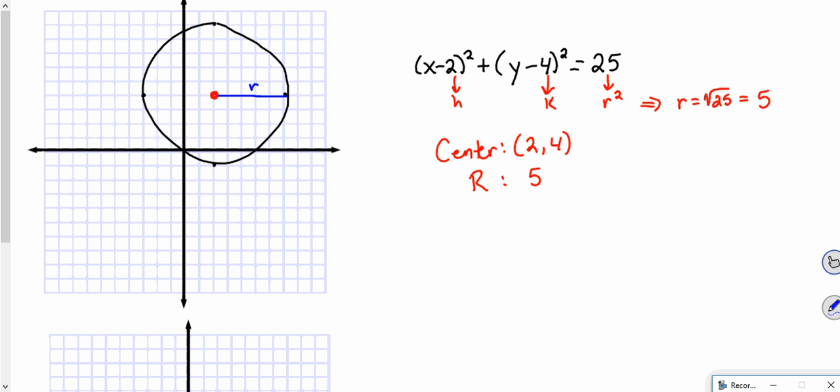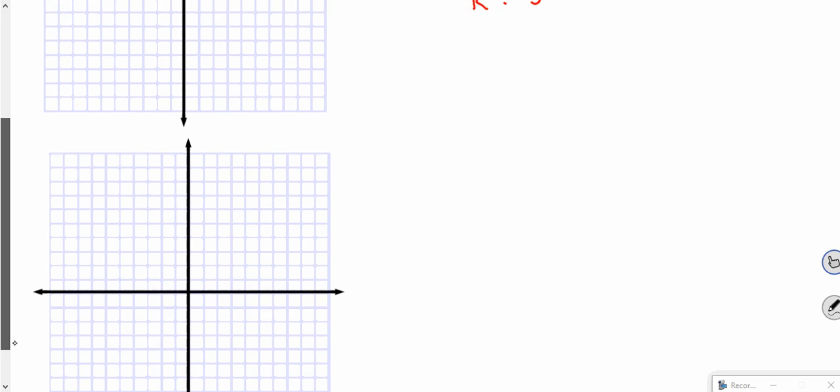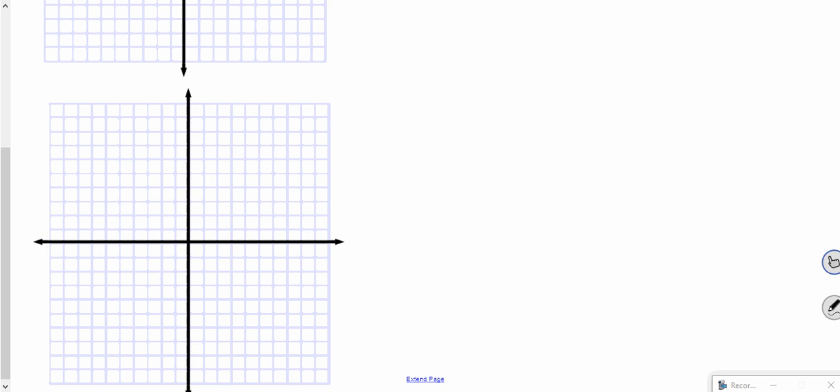Next problem. Let me scroll down. We've got (x plus 6) squared plus (y plus 5) squared equals 100. Now, again, keep in mind, your basic form of your equation is x minus h and y minus k.